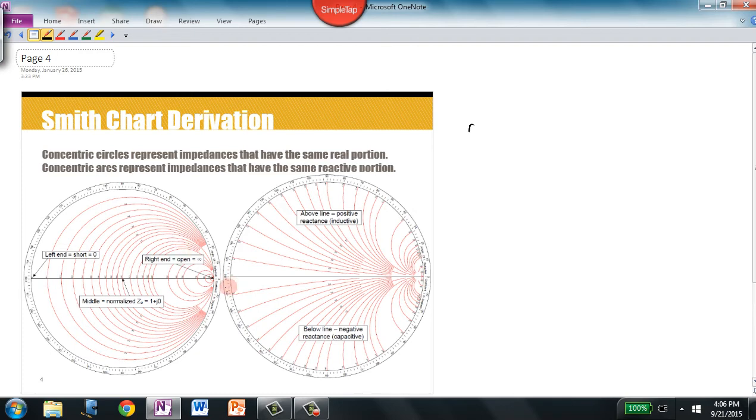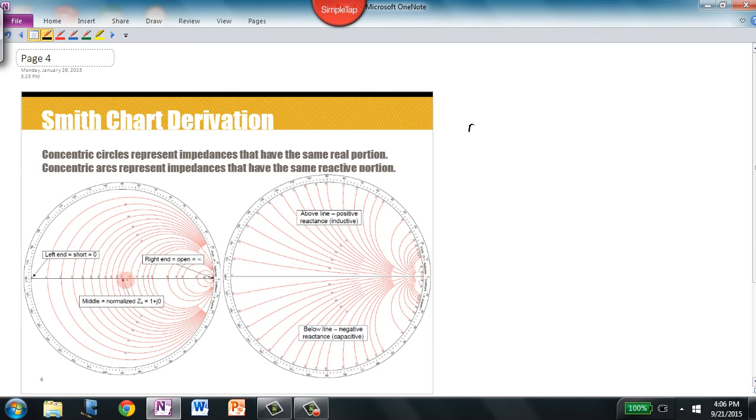The concentric circle that passes through the middle of the Smith chart has a normalized resistance of 1. Circles intersecting the real line to the right of the middle point have a normalized resistance larger than 1 and get larger as you move to the right of the line.